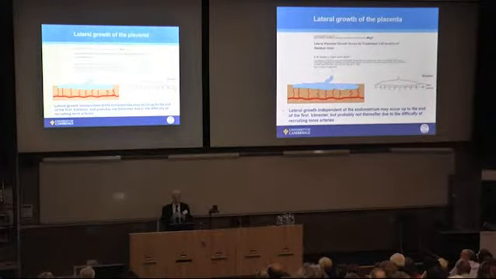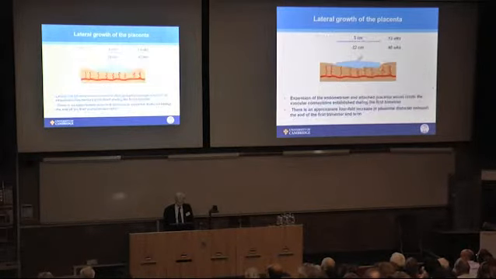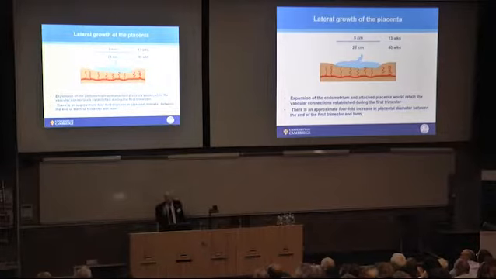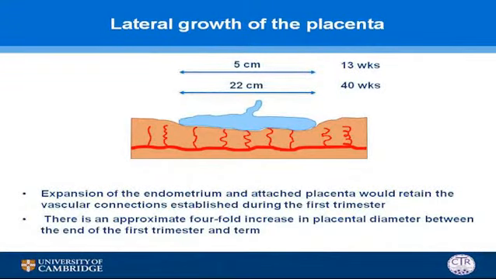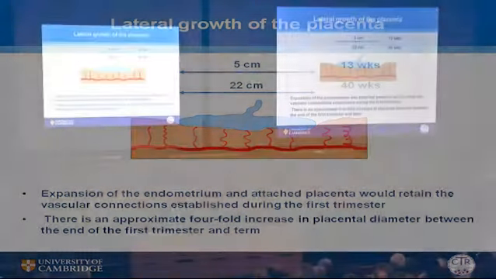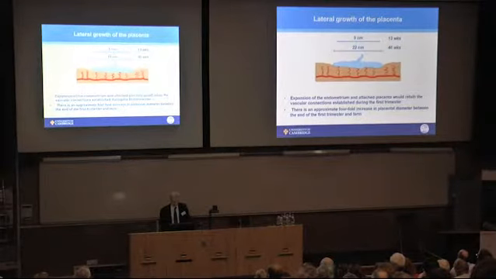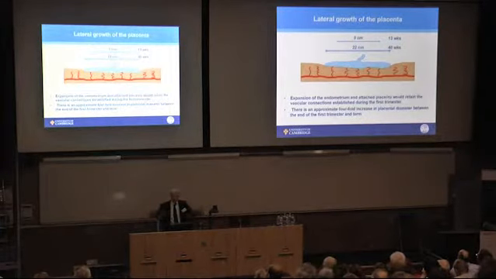So then we've got to think about what happens after the end of the first trimester, and this is my own feeling of what happens, and I think this is an area we need to explore more: how do the placenta and the uterus grow together? The opposite view would be to say that it is uterine expansion that is taking place.